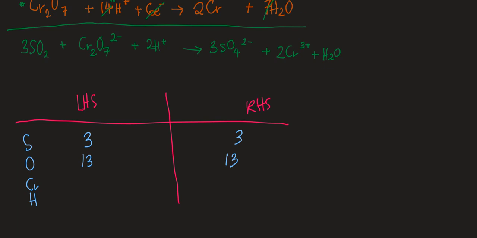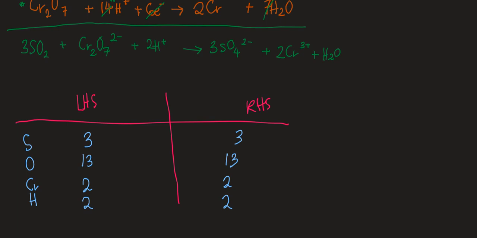On the left hand side, we have 2 chromiums, and on the right hand side, we have 2 chromiums. And the hydrogens on the left hand side, we have 2 hydrogens, and on the right hand side, we have 2 hydrogens as well. So now the atoms are all balanced.